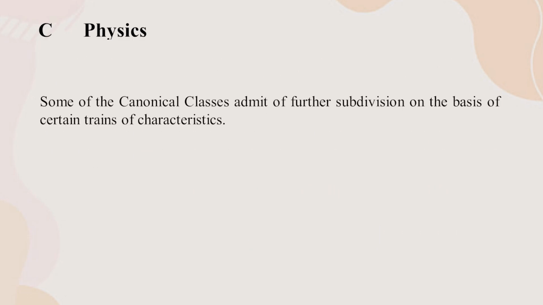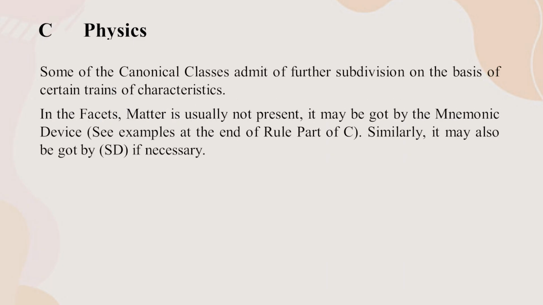Some of the canonical classes admit of further subdivision on the basis of certain trains of characteristics. In the facets, matter is usually not present. It may be got by the mnemonic device. For this, you can see the examples at the end of the rules in part 1 of the chapter C, that is the basic class physics.